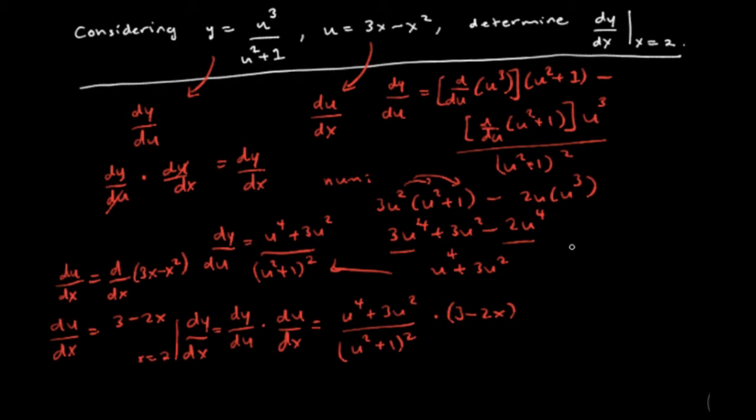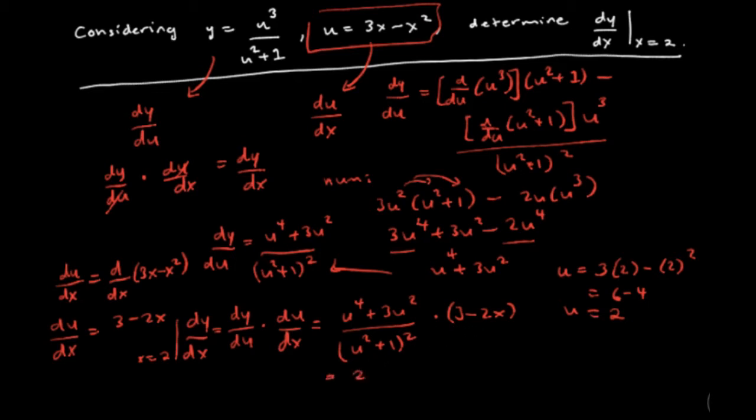To make your life a lot easier, let's figure out what the value of u is when x is equal to 2. You plug it into this equation: u is equal to 3 times 2 minus 2 squared, which is 6 minus 4, which is basically 2. So u is equal to 2, and x is also equal to 2.